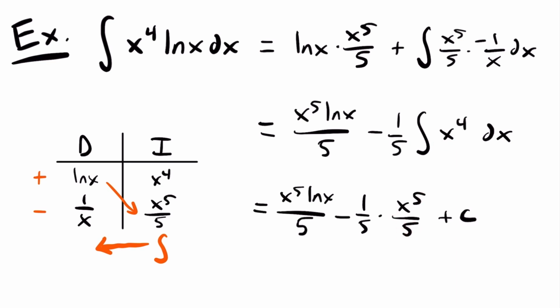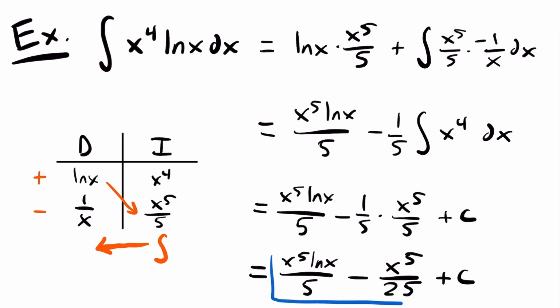And so x to the fifth divided by 5 is the integral of x to the fourth power. And so now, if we simplify this, this is equal to x to the fifth power times the natural log of x divided by 5 minus x to the fifth power divided by 25 plus c. And that is the solution to this integral using integration by parts, or more specifically, the tabular method.